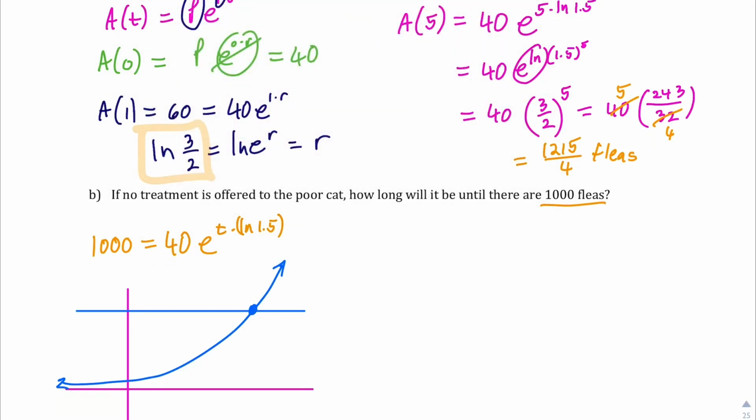In the interest of time, when you solve for the point of intersection, your answer is going to be 7.939, rounded correct to 3 decimal places. And so 7.939 days is how long it's going to take until there are 1,000 fleas.